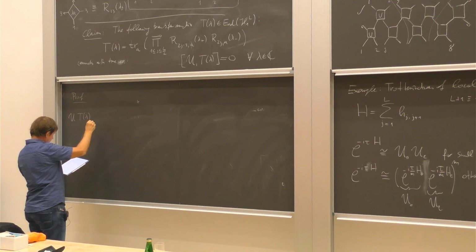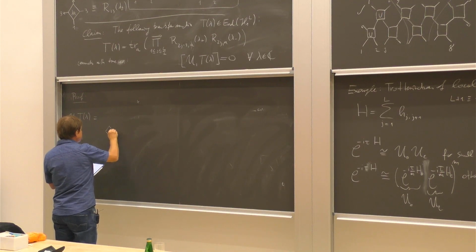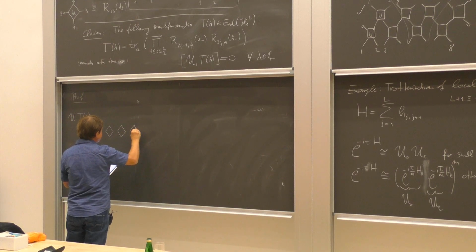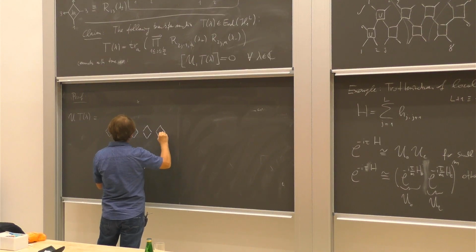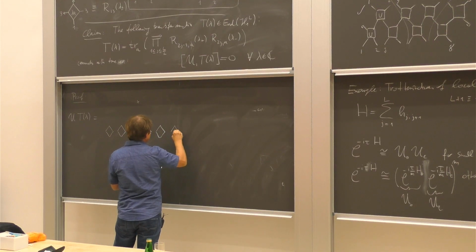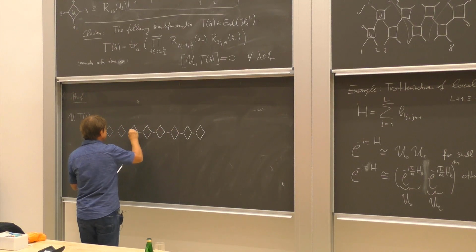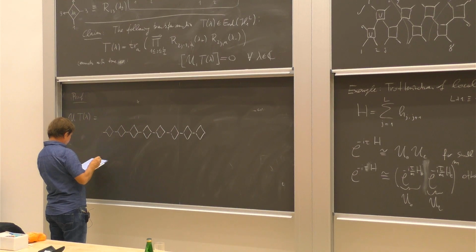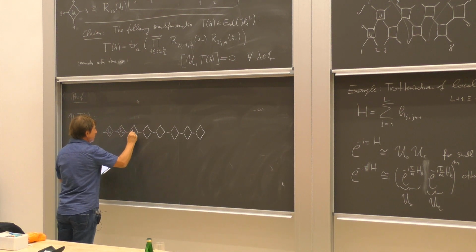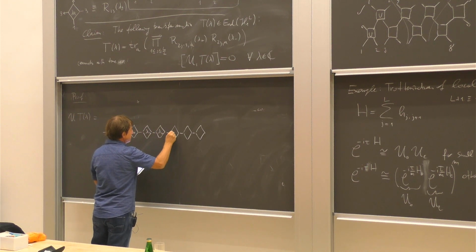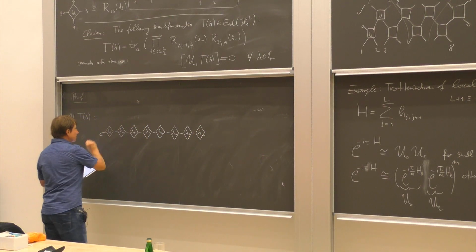We start with T of lambda, which has sites 1, 2, 3, 4, 5, 6, 7, 8, and then we start with lambda plus, lambda minus, lambda plus, lambda minus, staggering, right? And then we take a trace.